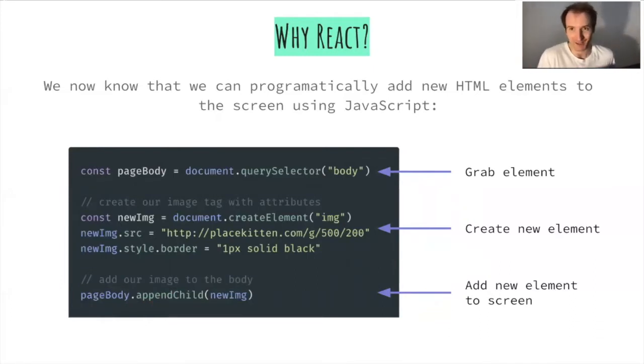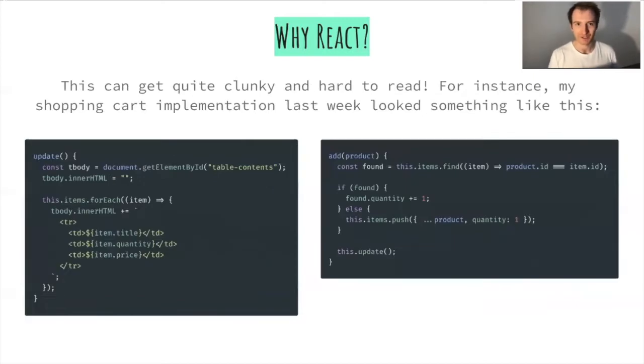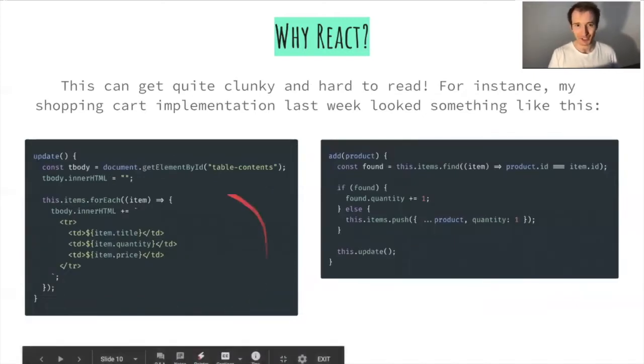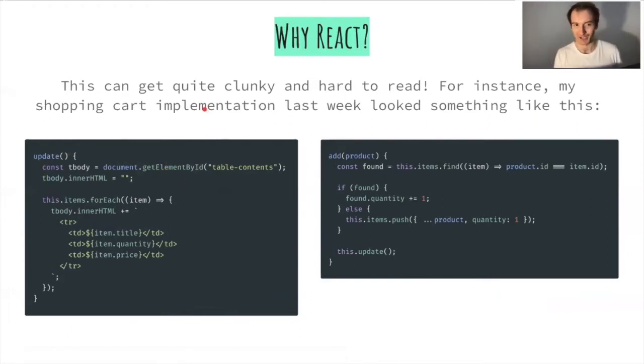We can then add to that by adding event listeners. We could fetch some of this data from an API. We could create one element per item in an array that we got back from a backend. That's totally possible. But at some point, we're going to end up with something quite messy, like I eventually ended up with in last week's homework.